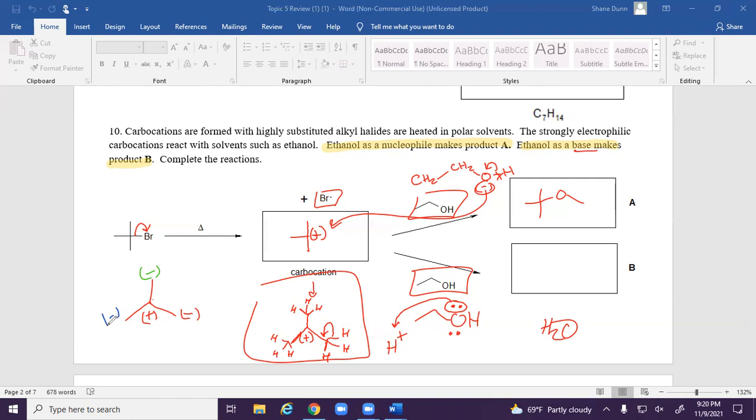Where do the negative electrons want to go? They want to go towards the positive, right? How do I do that? I form a double bond, to make the carbon happy, right? If I form a double bond, you get this. Bond like that. Correct? Do you see that?